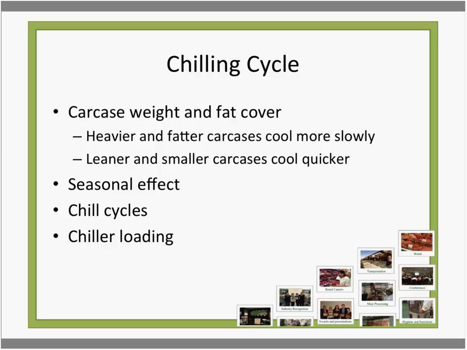It's to try and manipulate the other parameters that we've been talking about rather than changing the chill cycles in any way. But one thing that can be done a lot easier if you're finding that you've got higher pHs is to not overload your chillers and to provide more space around carcasses to allow temperature to decline quicker.